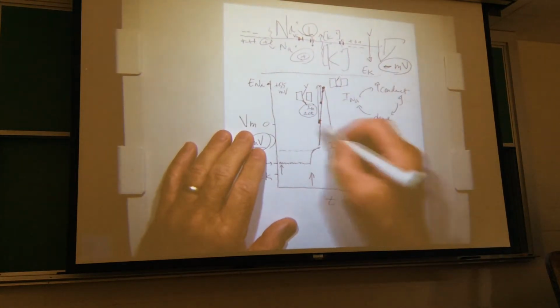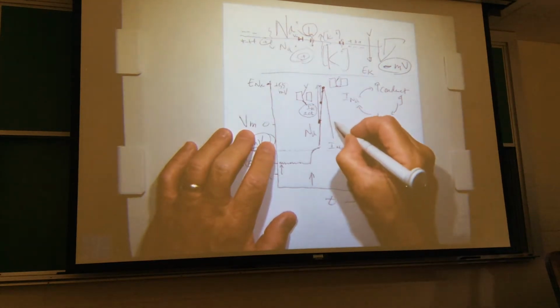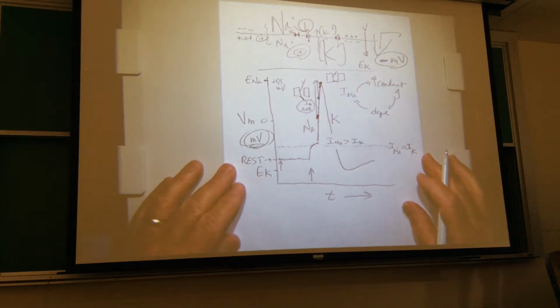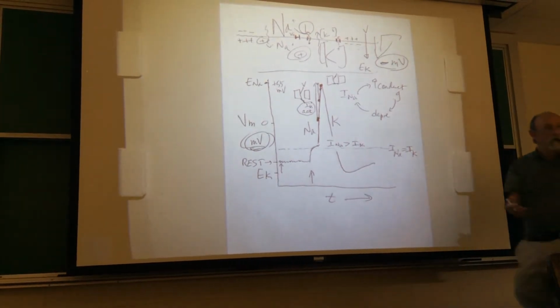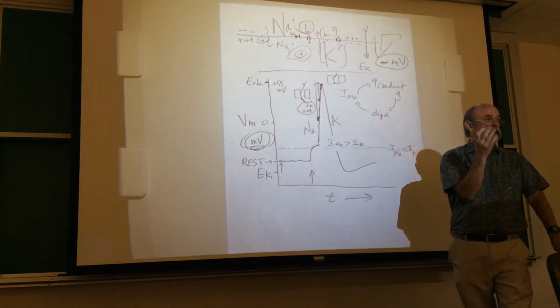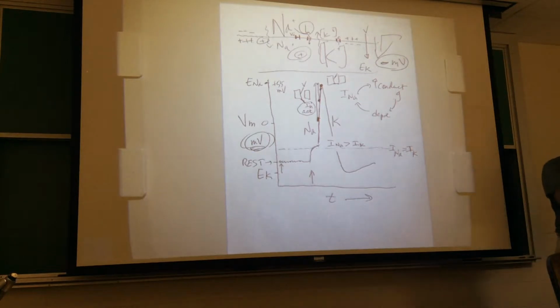Because there's that delay, sodium is going up, what's bringing it down? Don't need to belabor this. That's potassium, right? So if potassium started sooner, this would short circuit it, right? But it happens with a delay. So sodium is dominant, then stops.